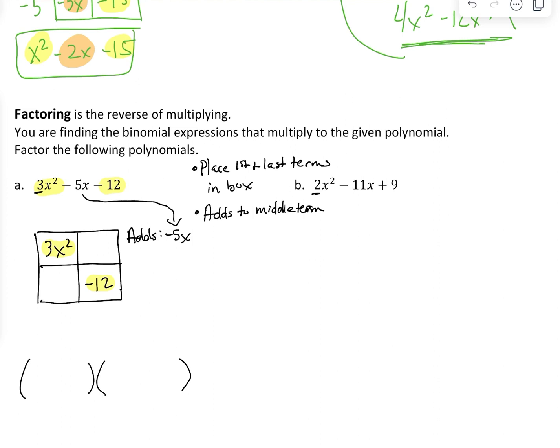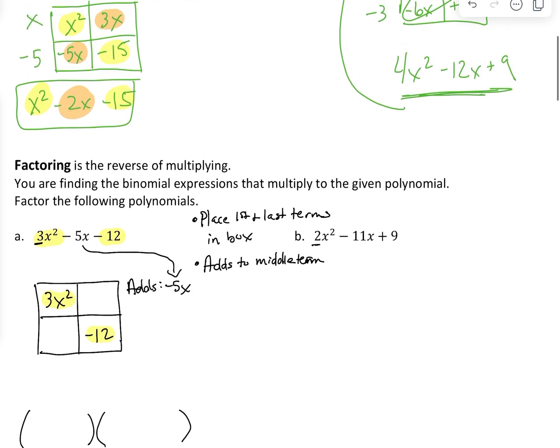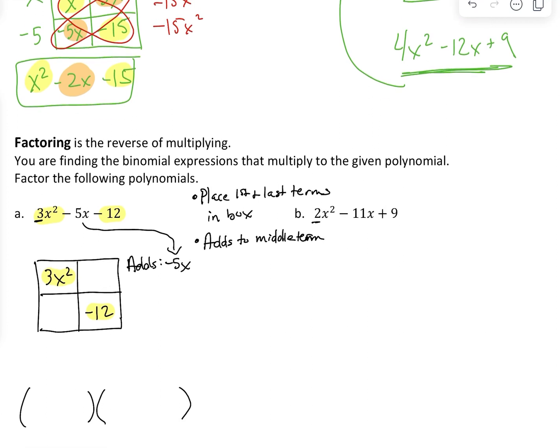Now there's a lot of things that add to be negative 5x, so we need another criteria. If I look above here and multiply these together, I get a negative 15x squared. And if I multiply these together, I get a negative 15x squared. And that works for any time we see this box. So if I multiply these together, it should be the same thing as if I multiply the other diagonal together.